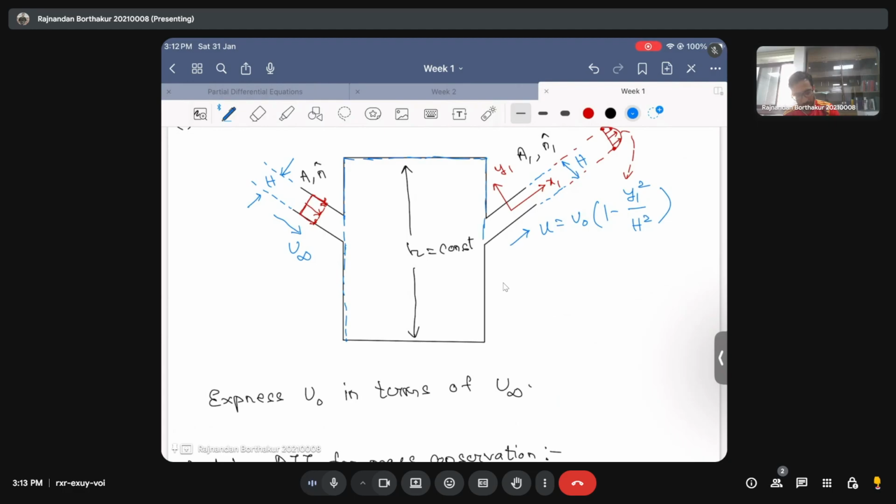This is my control volume, where now I have two control surfaces. One is this surface, which we'll call 1, through which we have water coming inside the tank, and the other is 2, through which we have water that is going outside the tank. I believe this is clear.